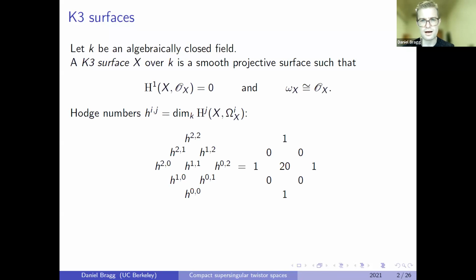I'm particularly interested in the case of positive characteristic, and the computation of these Hodge numbers is kind of non-trivial in positive characteristic, but it's still true. They still have the same values as they do over the complex numbers. Here are the Betti numbers of a K3 surface. These specific numbers will come up in a second. The central Hodge number is 20, and the middle Betti number is 22.